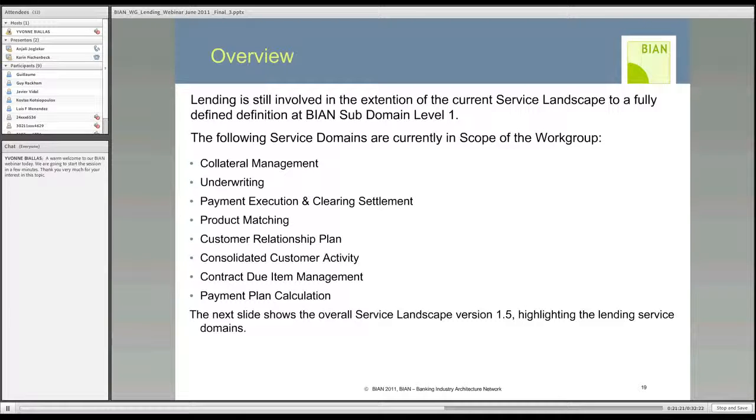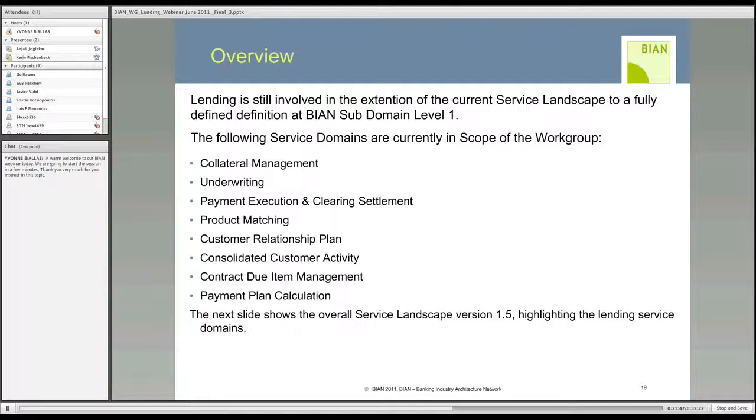We have collateral management, underwriting, product matching or campaigning, and other aspects of a loan cycle, delinquency management, which will also come under the scope of the working group. And we will also do a similar service domain definition followed by business scenarios and business object model creation for the same.